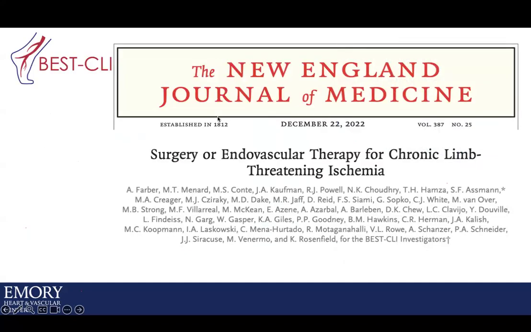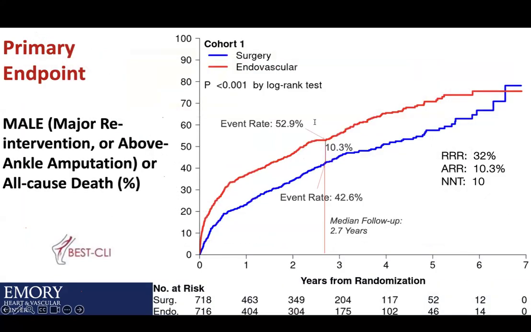Then came the BEST-CLI trial, which was published in 2022 in the New England Journal of Medicine. They enrolled 1,800 patients with infrainguinal disease, and they divided them into two cohorts. One cohort had great saphenous vein bypass versus endovascular, and the second cohort had prosthetic bypass versus endovascular.